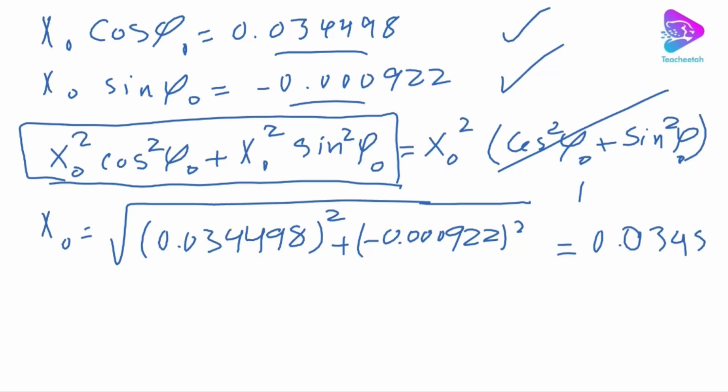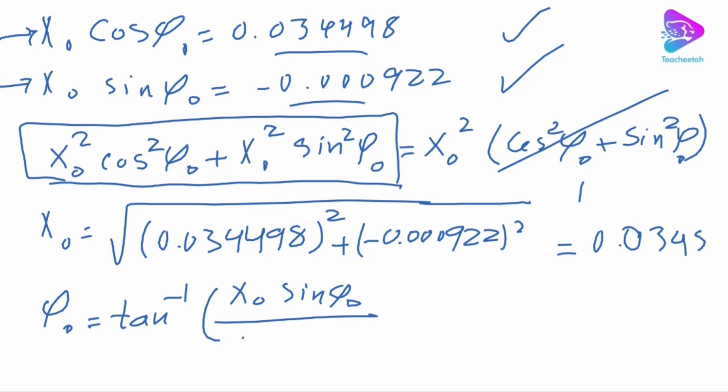For phi naught, it's even easier, because if we look at these two equations and divide them, it's equal to the tan inverse of x naught sine phi naught divided by x naught cos phi naught, right?